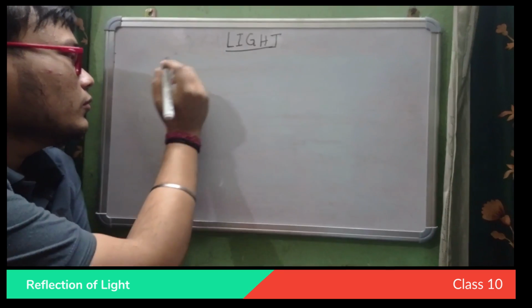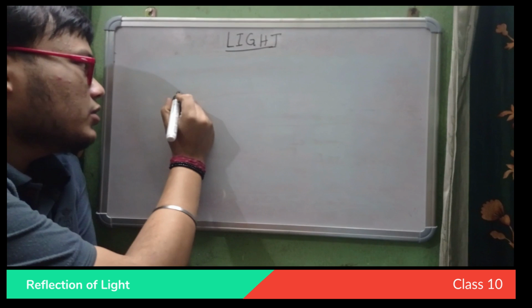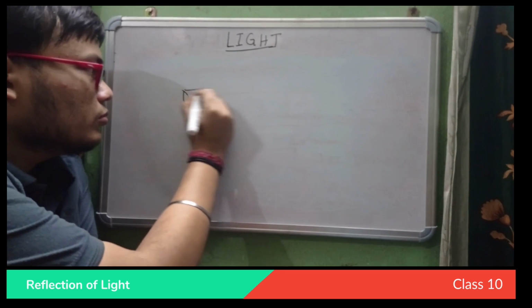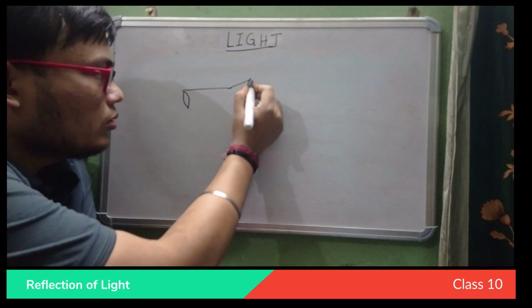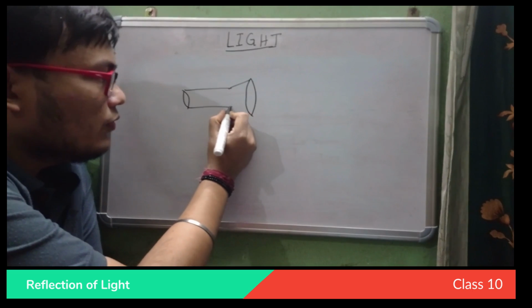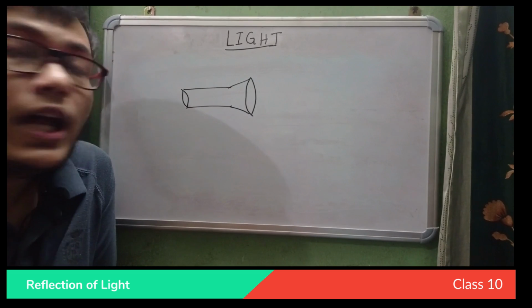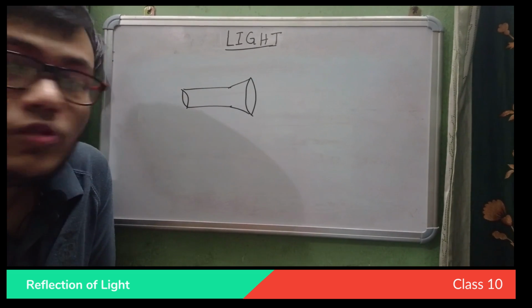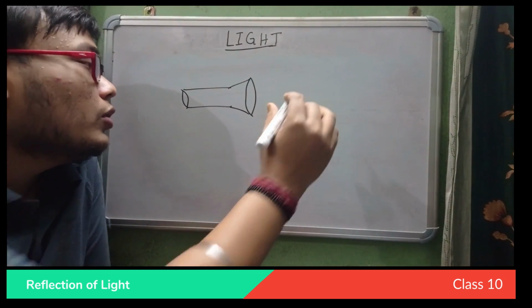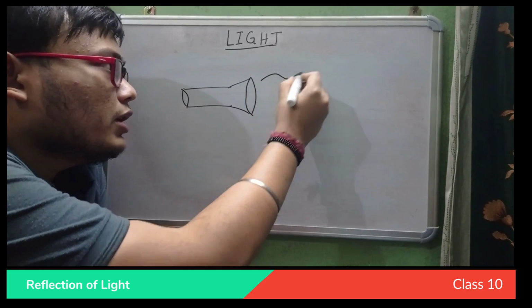Now if we consider a flashlight, a torch, what we observe is that light rays always travel in a straight line. Light doesn't travel in a curved motion.